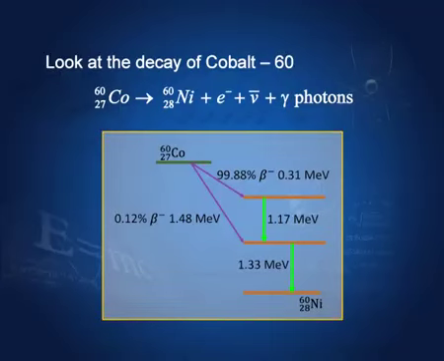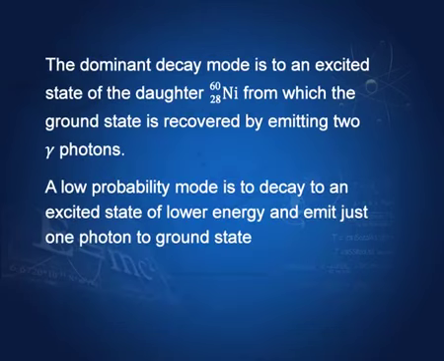So, there can be more than one gamma emission depending on how the nucleus decays. In this case, most of the time it decays by this route. This leaves the nucleus in this state, and this may come down by emitting 2 gamma particles. In rare cases, it leaves the nucleus in this state, which then comes down by emitting 1 gamma particle.